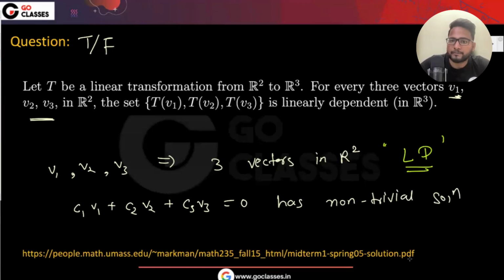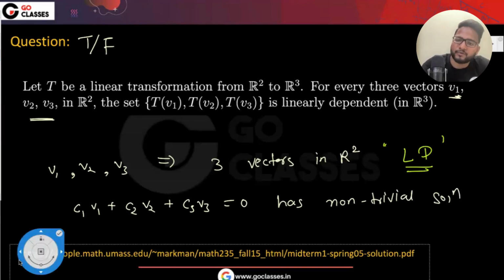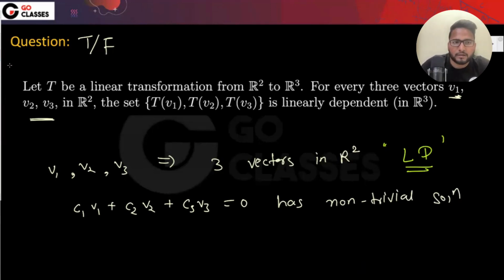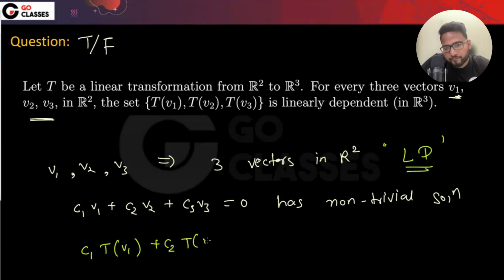What does this mean? It means if you take the linear transformation on both sides, or the matrix multiplication on both sides, whatever you like to call it, it will be C1 T of V1 plus C2 T of V2 plus C3 T of V3 equal to 0, right?